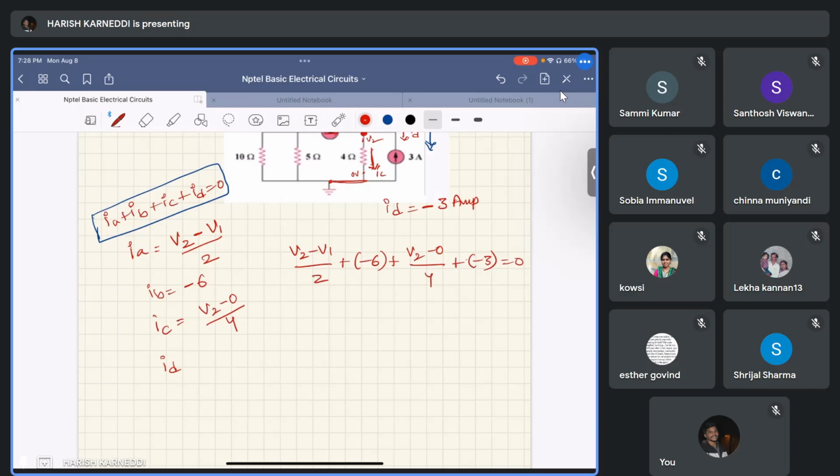The LCM is 4, therefore 2V2 minus 2V1 minus 4 into 6, it is 24, plus V2 minus 4 threes are 12, equal to 0, right?